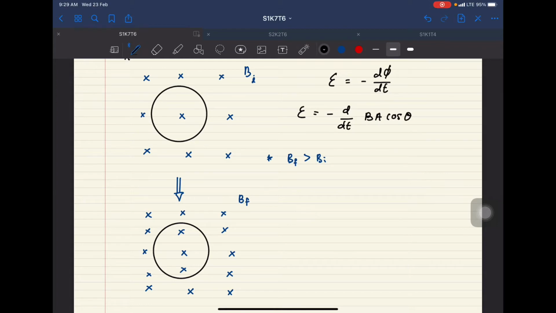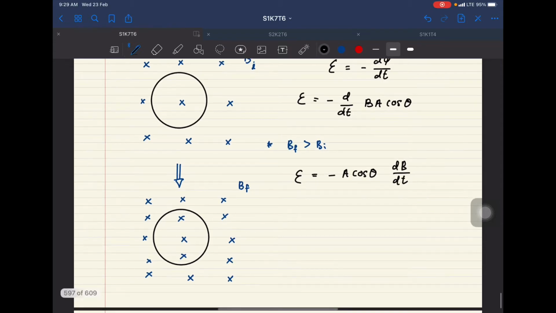So I can write down the formula epsilon equals negative A cos theta multiplied with dB over dt. dB over dt is basically the change in magnetic field with respect to time.